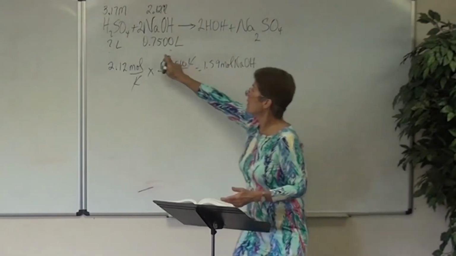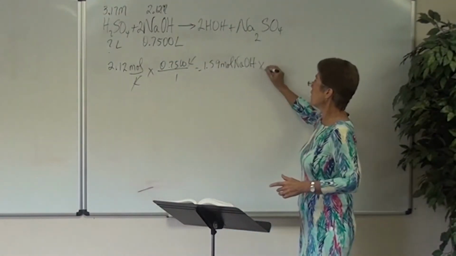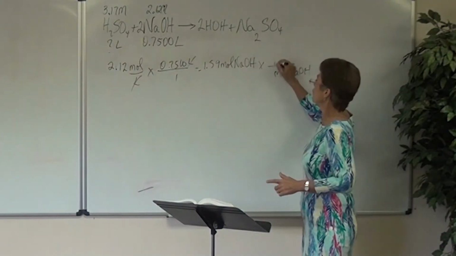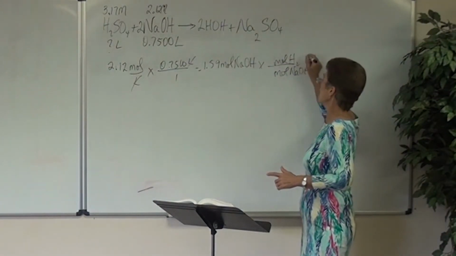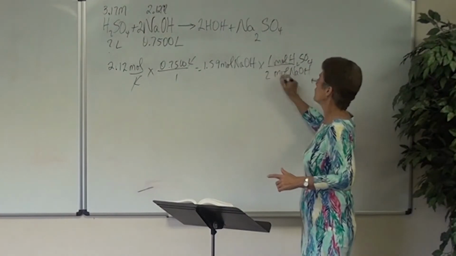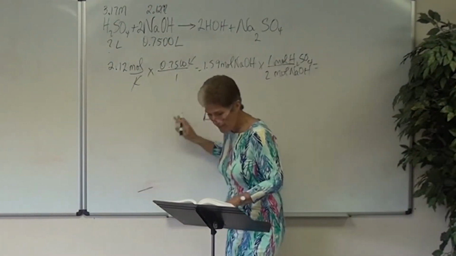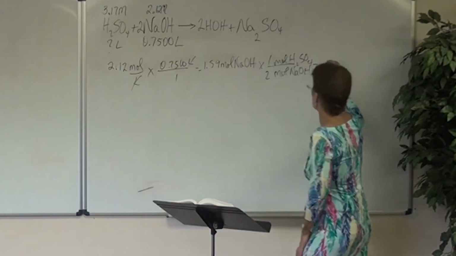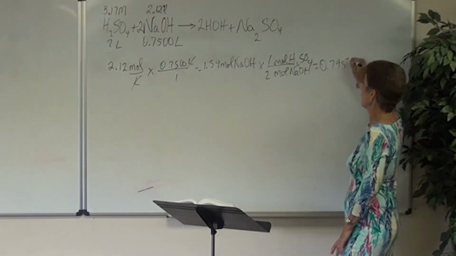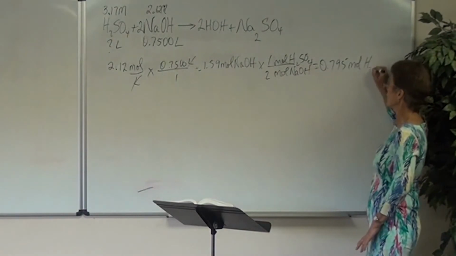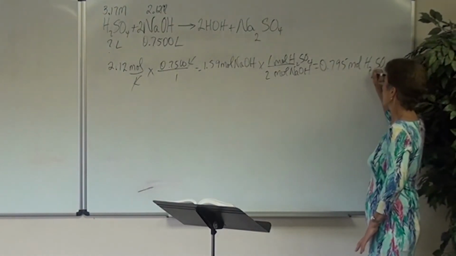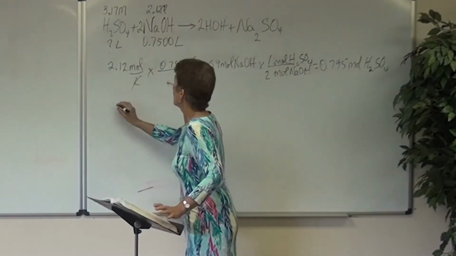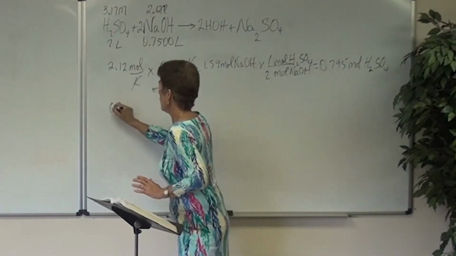Then I want to get from here to here. So that's times moles of sodium hydroxide to moles of sulfuric acid, 1, 2. So it's going to be half of that. And so that's going to be 0.795 moles of sulfuric. Okay? Now I'm here, and that's where I wanted to get to.